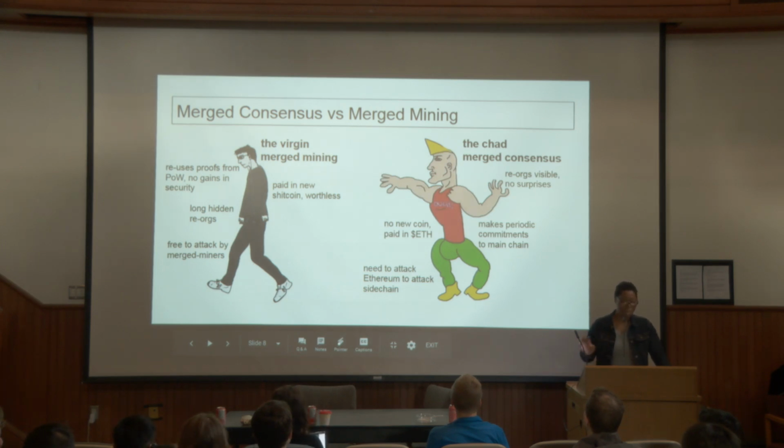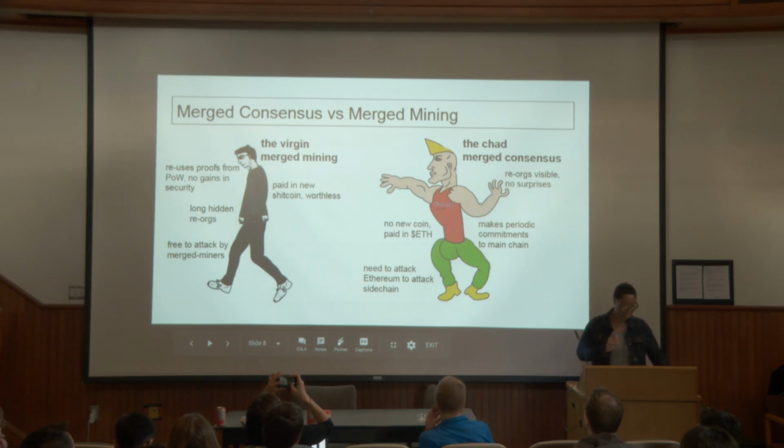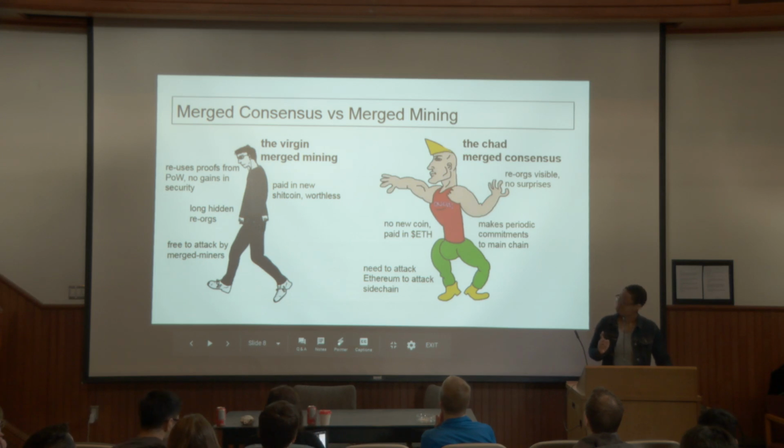Whereas with merge consensus, you can still get paid in ETH. So this is the new transaction fee market stuff that I was alluding to in the previous slide. And you make periodic commitments to the main chain, so it kind of looks like Plasma, but it's not Plasma. We had this argument on Telegram a few weeks ago. And in order to attack the sidechain, you need to attack Ethereum, which is expensive.